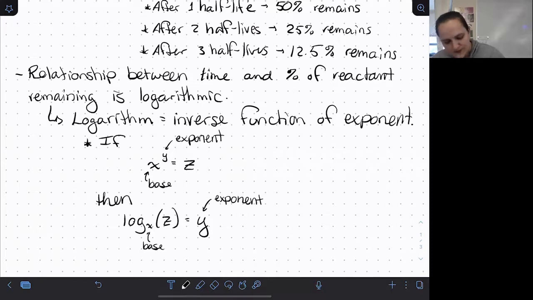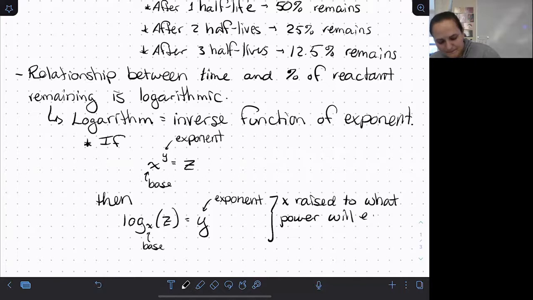So what a logarithm is essentially doing is answering the question, x to what power equals z? That's the question that logarithms are allowing you to answer, that you probably don't have a mathematical tool to answer at this point besides guess and check. Logarithms allow you to do that in one fell swoop.